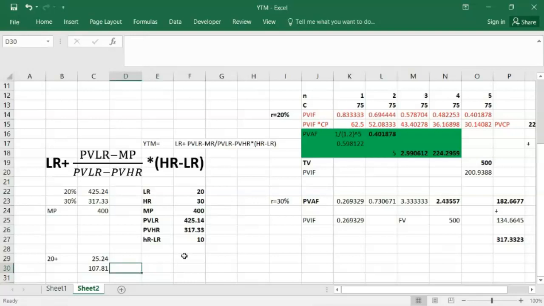Multiply this value with the higher rate minus lower rate, which is 10.